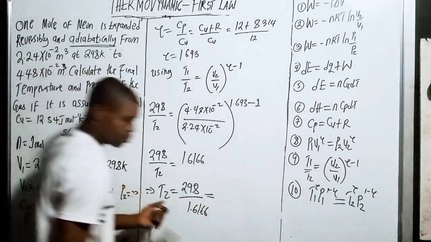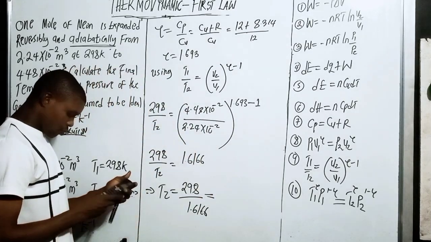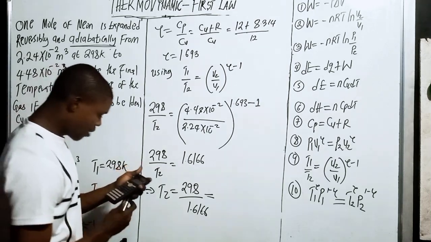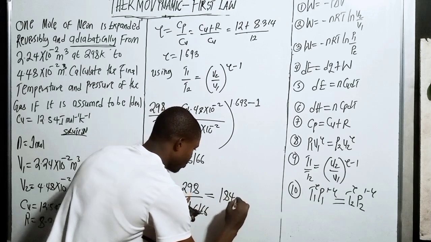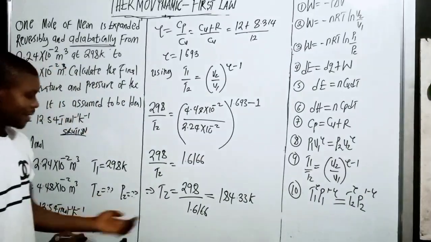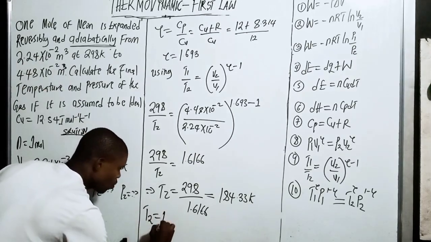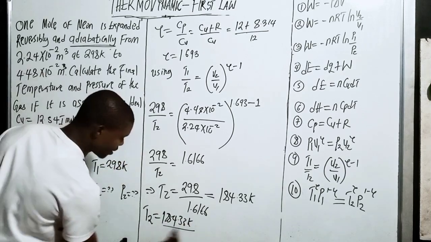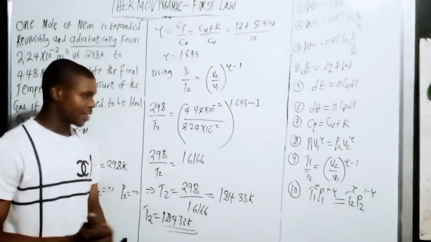So punch your calculator: 298 divided by the answer. Here we have 184.33 Kelvin. So that's my T2. My T2 now is 184.33 Kelvin. That is it. When you evaluate this, this is what I'm going to get.